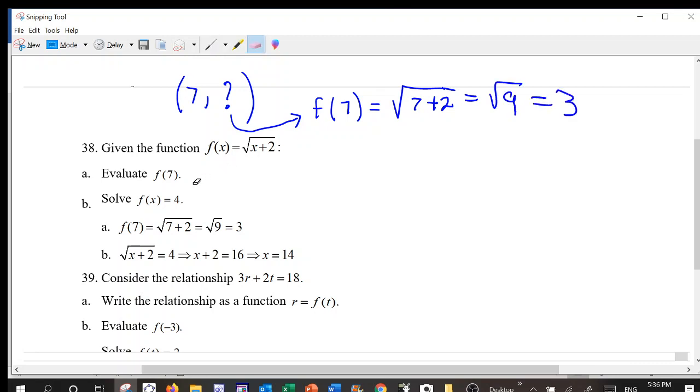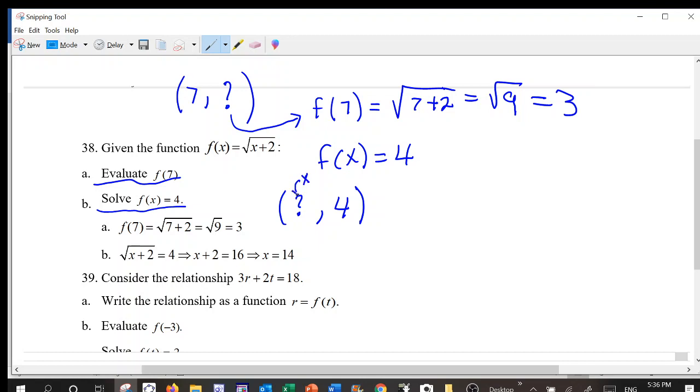Now this is the A part. Now the B part says solve f of x equals 4. What does that mean? Well, it means that in this case, the output is 4. We're looking for the input that gives you that output. So this right here is the x we're looking for, right?